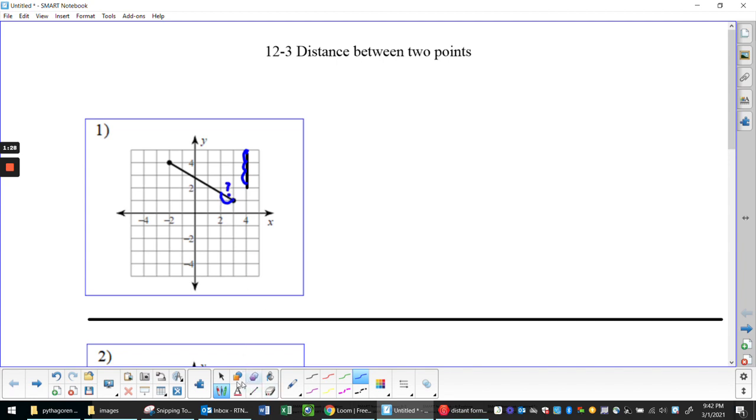So we're going to figure out how to find the diagonal distance using the Pythagorean theorem, which is a pretty neat concept. The first step is to take this line and turn it into a right triangle.